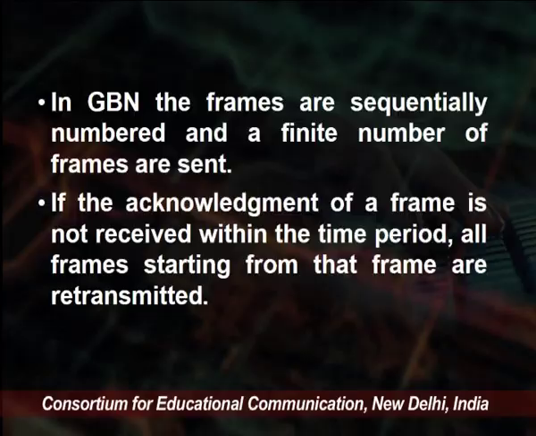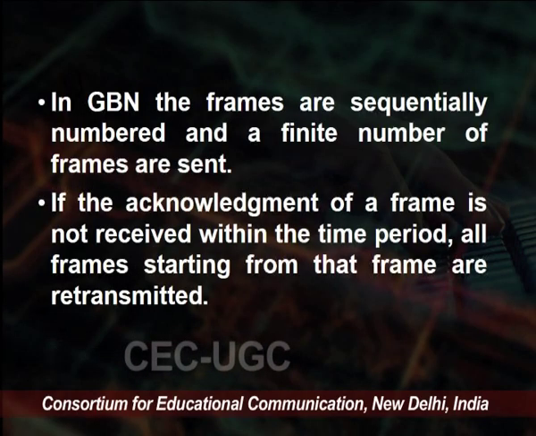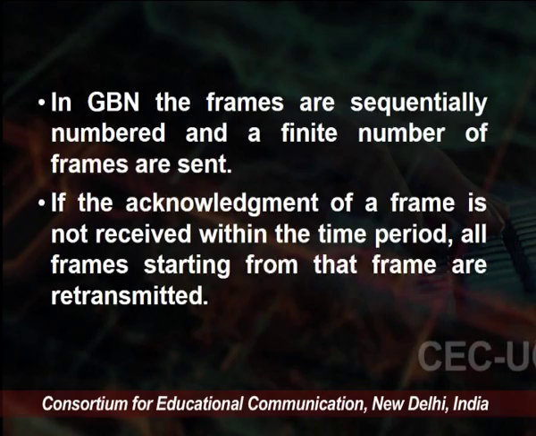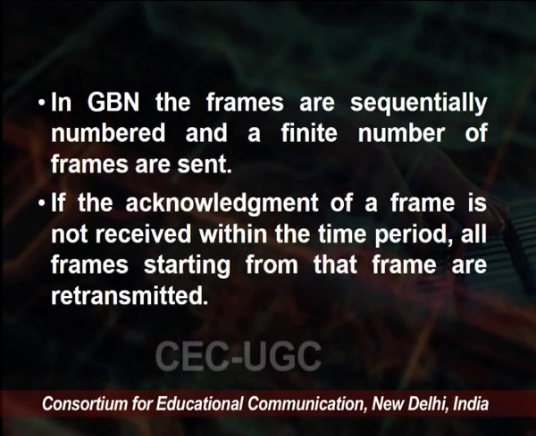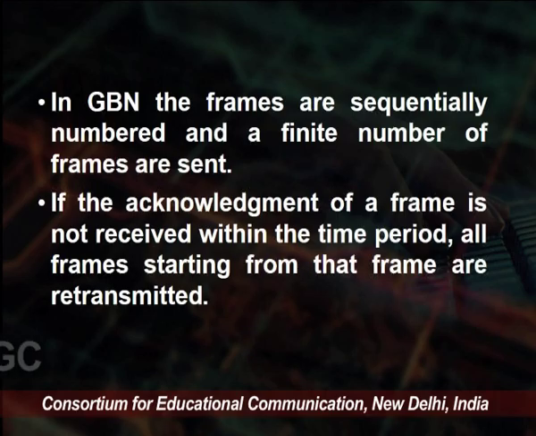So in go back N, the frames are sequentially numbered and a finite number of frames are sent. If the acknowledgement of the frame is not received within the time period, so there is a timer for receiving the acknowledgement of each and every frame, then all the frames starting from that frame are retransmitted.